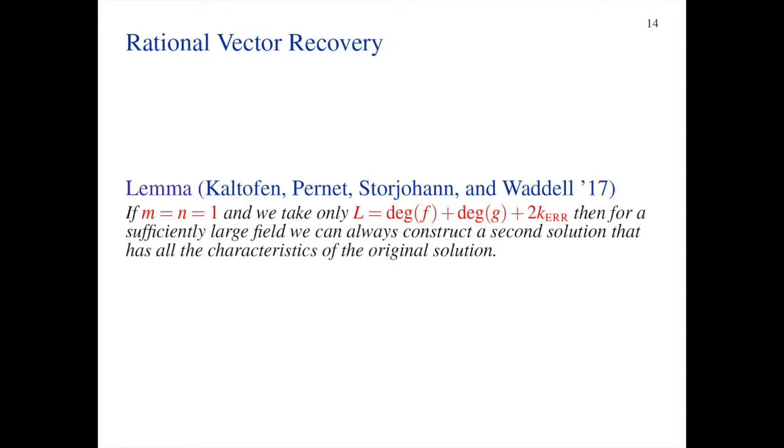But what we show here is that if you have fewer points, then the Welch-Berlekamp count is tight, because there is another solution that looks just like the original solution. But that's in the case if I just have one rational function.